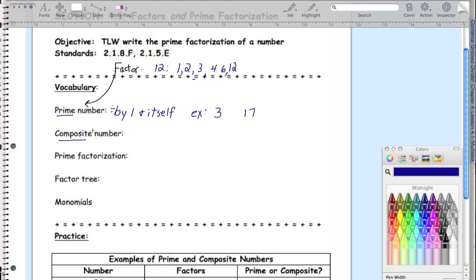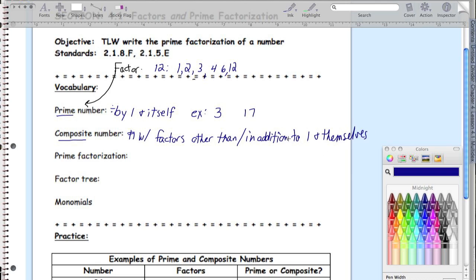Next, we have composite numbers, and that's the opposite of a prime number. These are numbers with factors other than, in addition to, 1 and themselves.